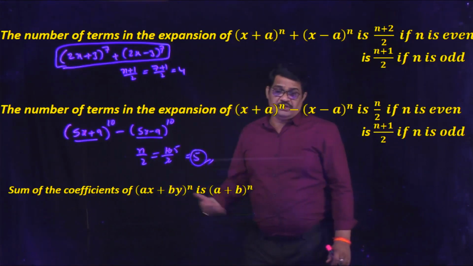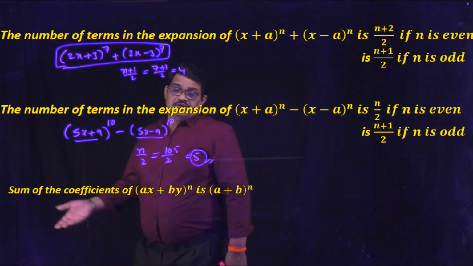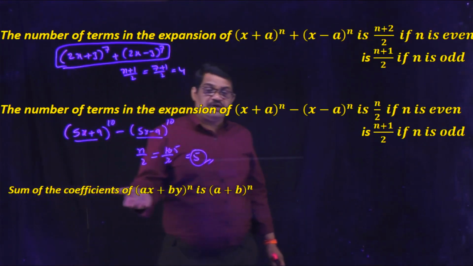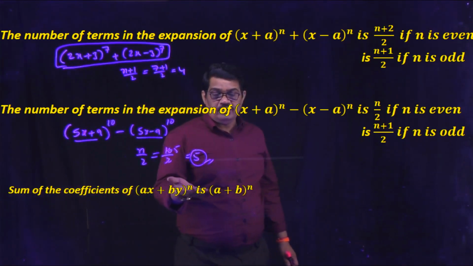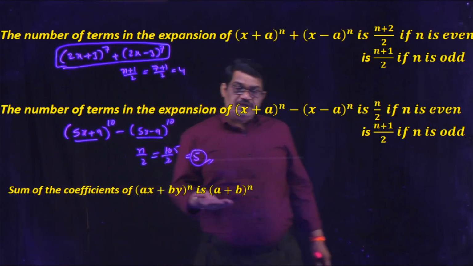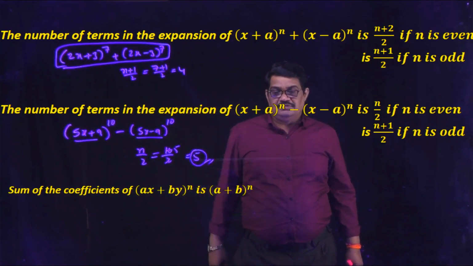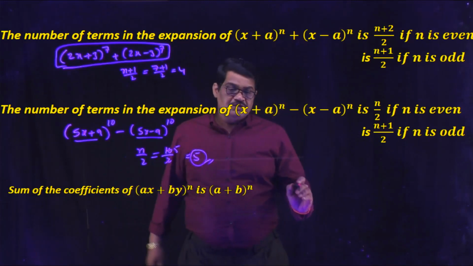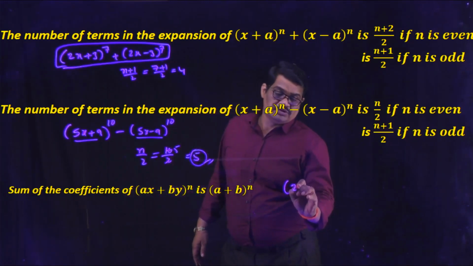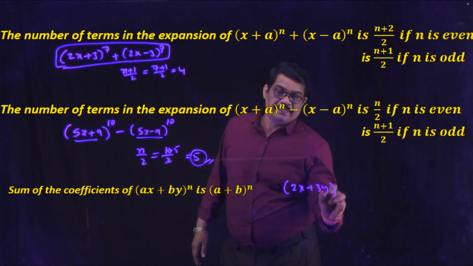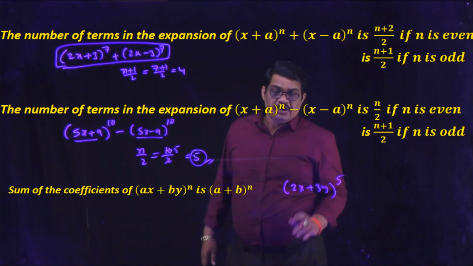Okay, another formula. The sum of the coefficients of (ax + by)^n is (a + b)^n. Now in this expansion, suppose it is (2x + 3y)^5.